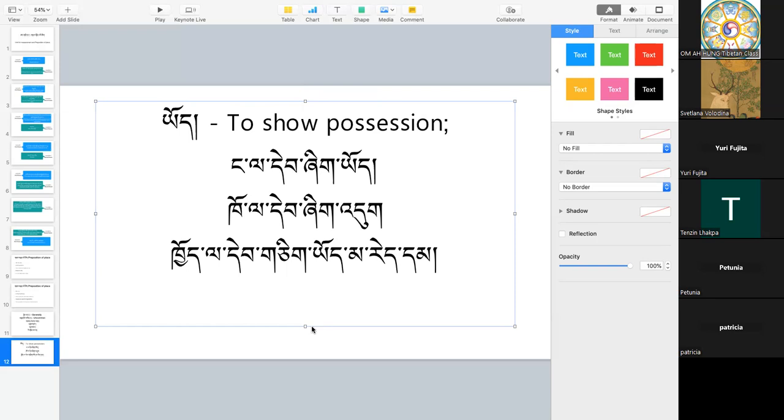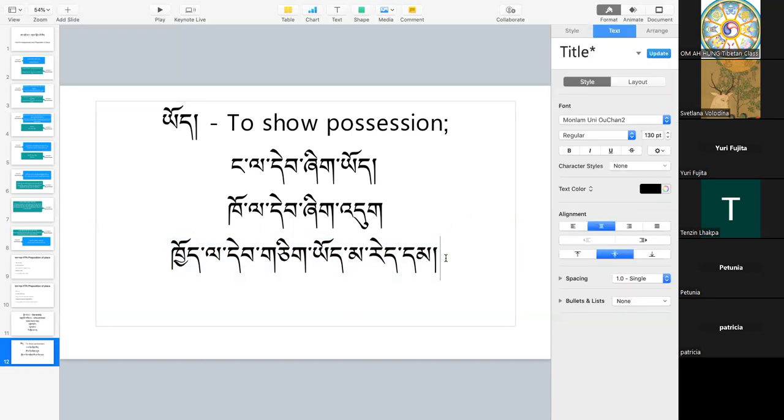Whereas if it's a third person, either pronoun or the third person subject, then we use the word tuk instead of yö. So this is the difference, and this is one of the usages. We must understand that this is just one of the usages.